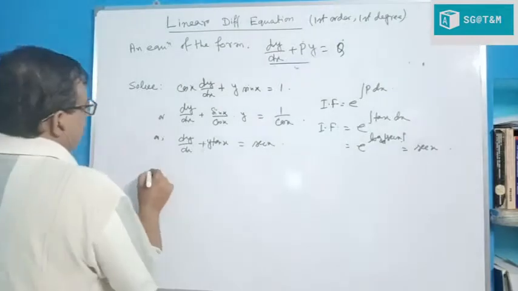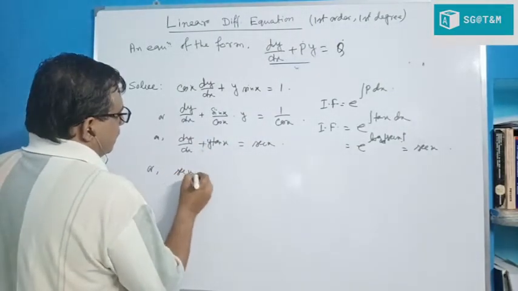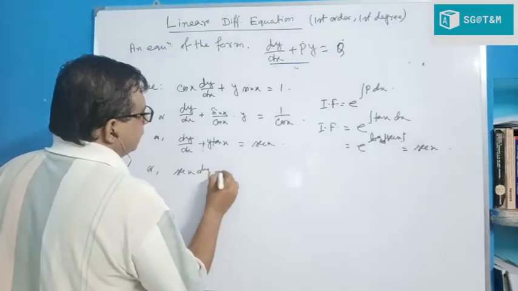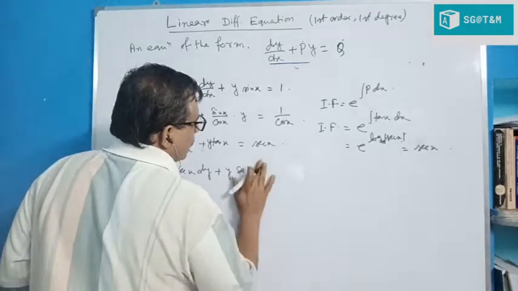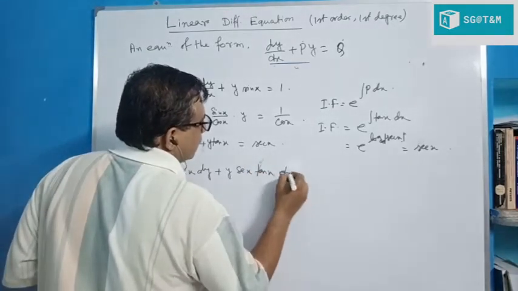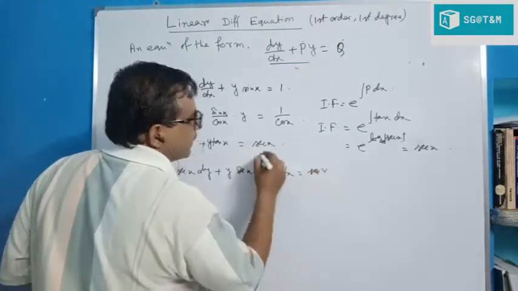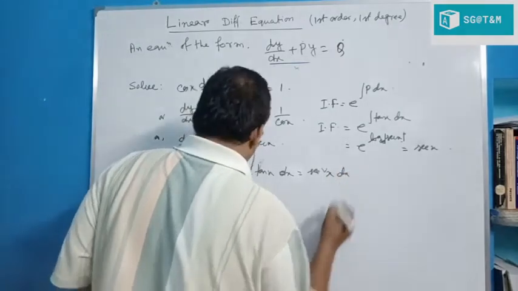Now multiplying both sides by the integrating factor, we get sec x dy + y sec x tan x dx = sec x into sec x, that is sec square x dx.